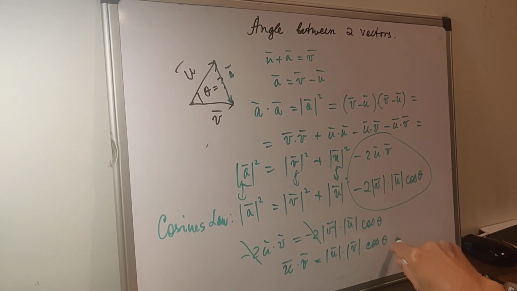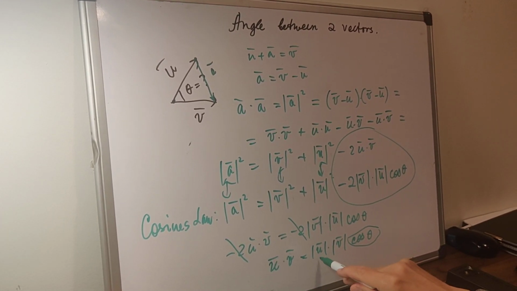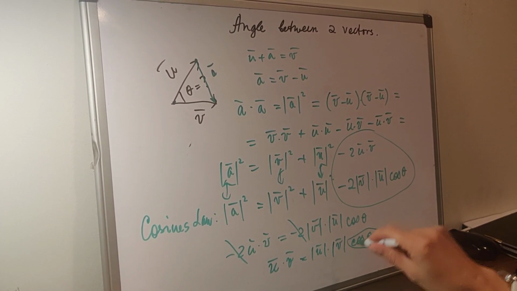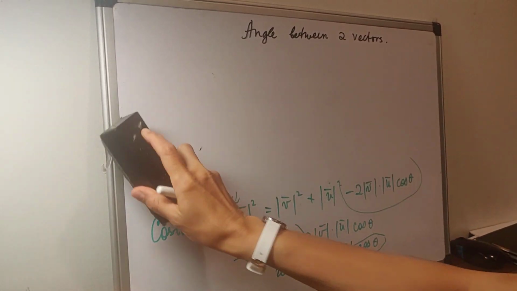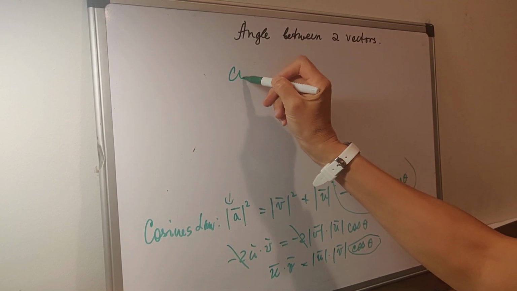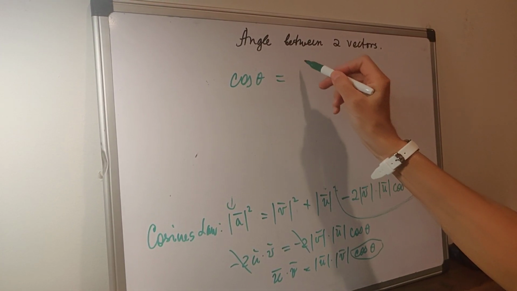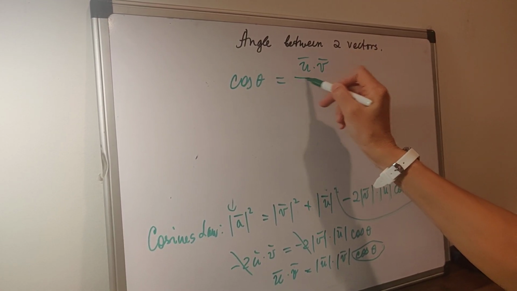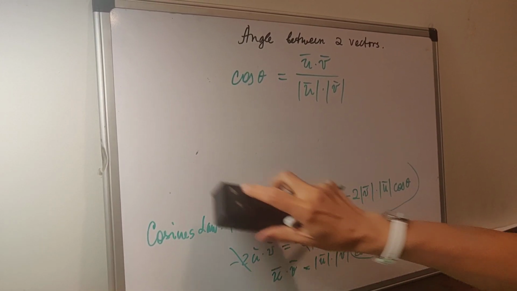But you can solve it for cosine and use the dot product and the lengths of vector u and vector v to calculate cosine. Let me copy it over here. So cosine of theta, I solve for cosine dividing by this length and by this. That's the dot product of u and v over the length of u times the length of v.